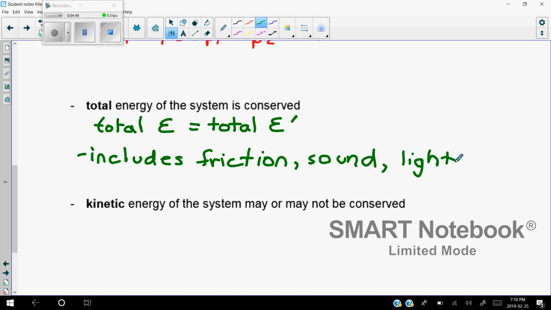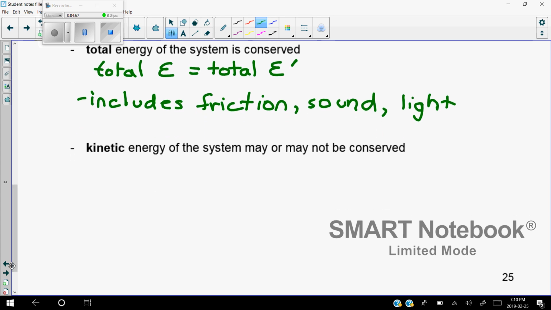So it doesn't even have to be in an isolated system for the energy to be conserved. That being said, the kinetic energy of the system may be conserved or may not be conserved. So if it is not conserved, all that means is that it has been converted to some other type of energy. So maybe it's been lost to friction, maybe some of it even to sound.